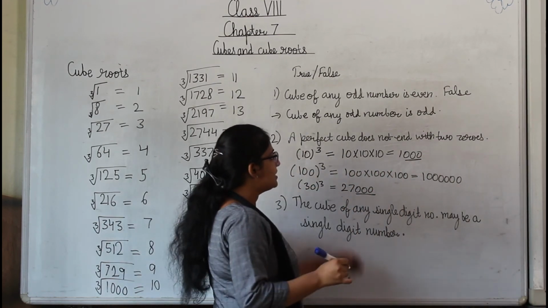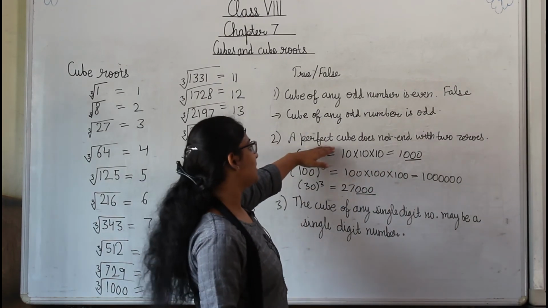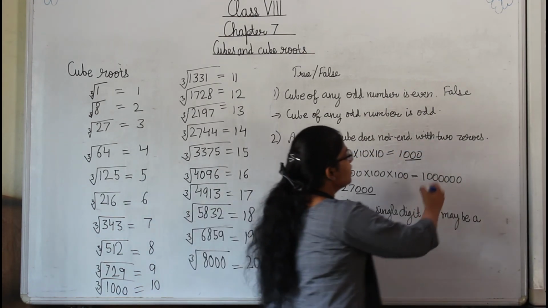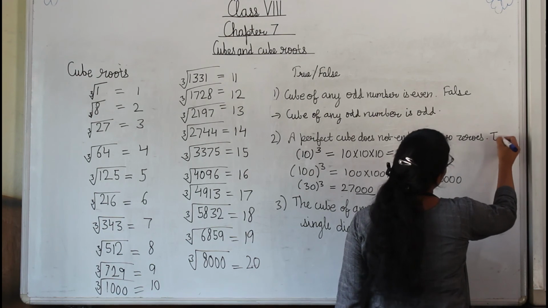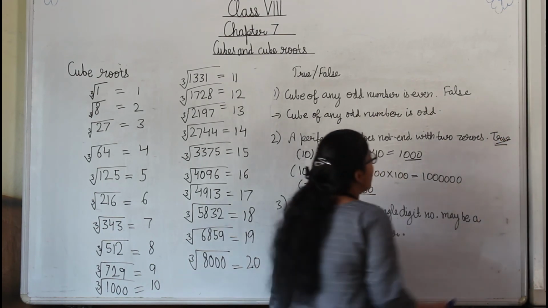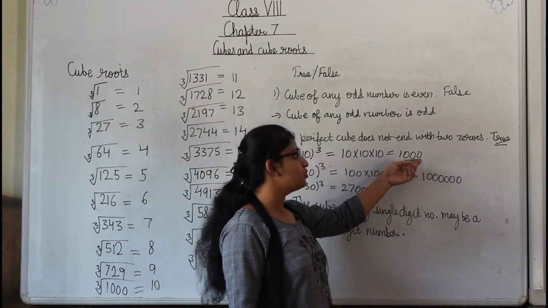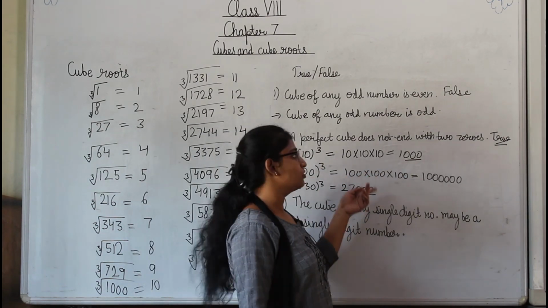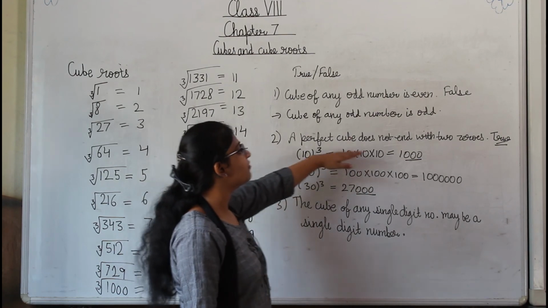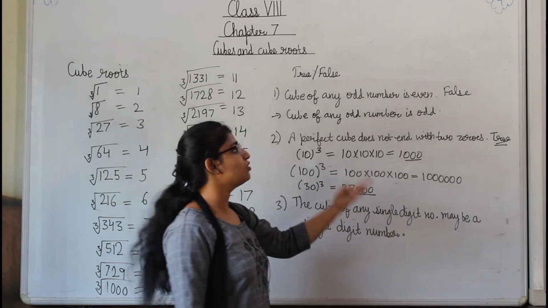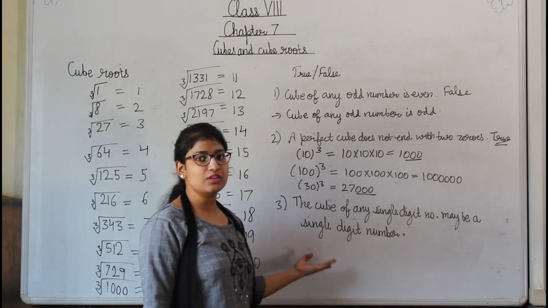But it is asked here whether a perfect cube ends with 2 zeros or not. So this statement is true. Does not end means it's a true statement, as the cube is not ending with 2 zeros, it is ending with 3 zeros. So this statement is right, that a perfect cube does not end with 2 zeros. It ends with 3 zeros or 6 zeros, 9 zeros, like this.